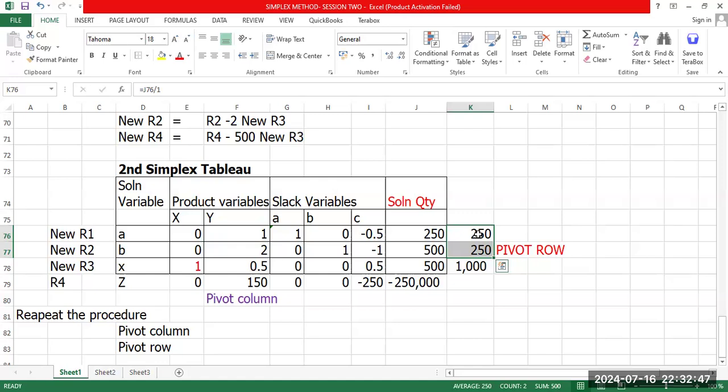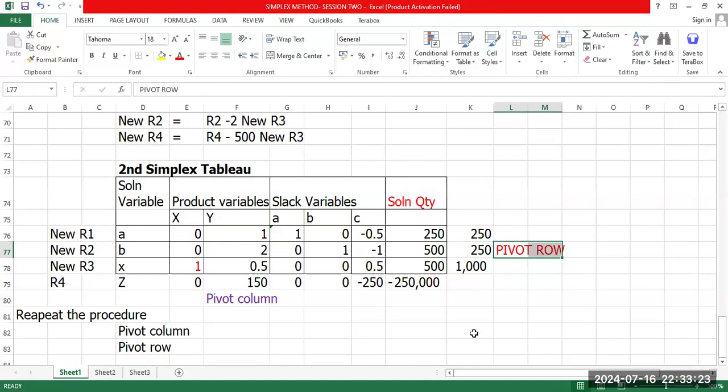If you have the same values, like what we have now, and in the question they are specific about the constraint you should focus on, like this question, they are telling us that we focus on direct wages. Ask yourself, which row is your direct wages? It's in row 2. So your pivot row will be row 2. That's what I have done.